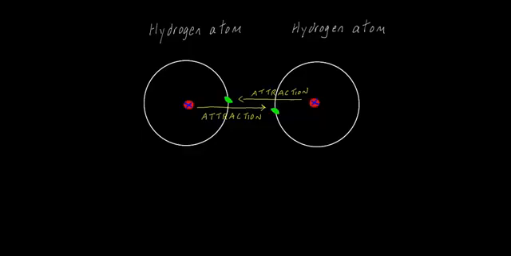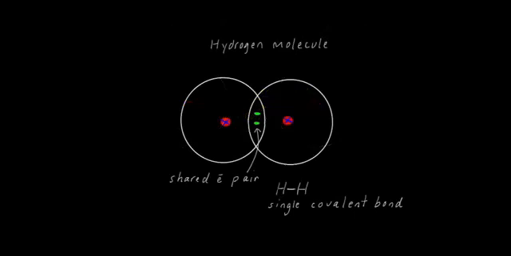Because both of these atoms exert exactly the same force of attraction, neither can pull the other's electron away. The result is a perfectly shared pair of electrons between both hydrogen atoms. This is a covalent bond, and we call it a single covalent bond because it is a single pair of shared electrons.